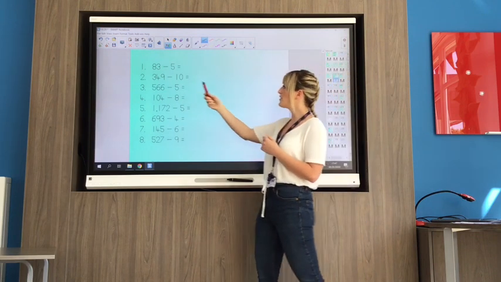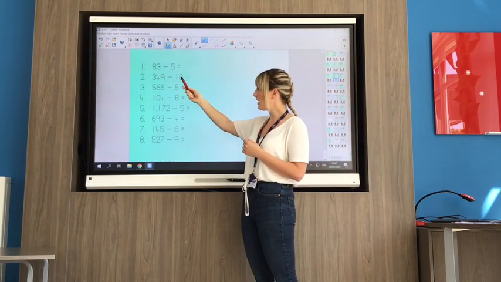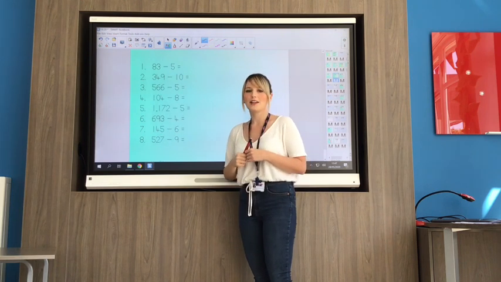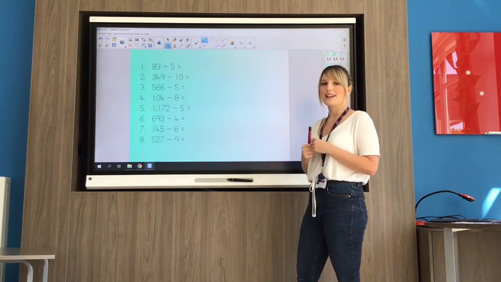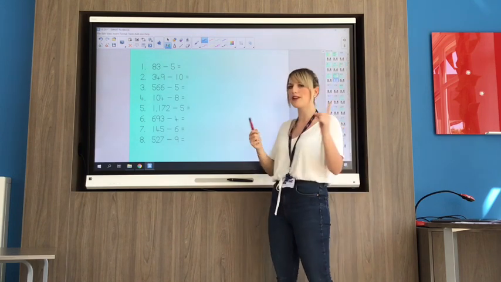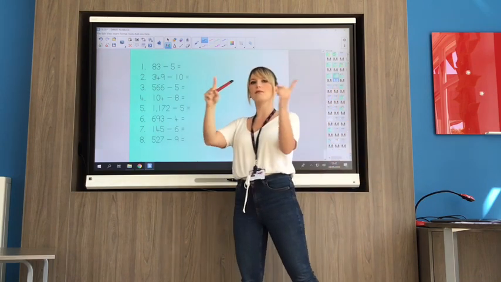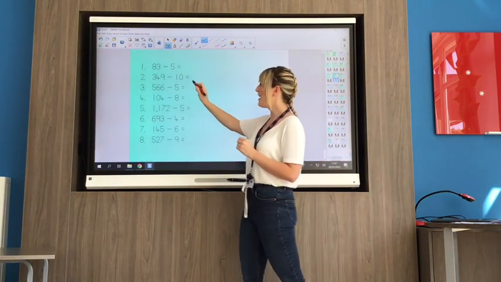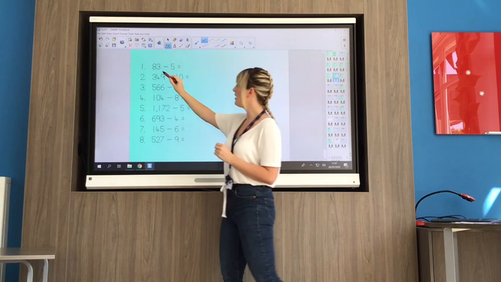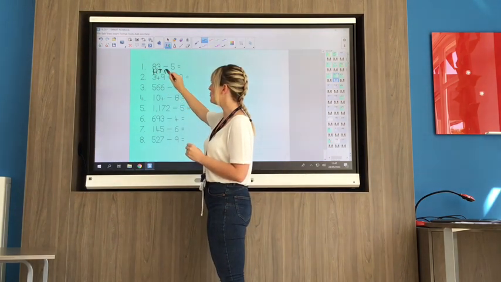So looking at number 2, I've got 349 and I'm subtracting 10. Now I know lots of you can count in tens from any number and can count back as well. Look at my place value, I've got hundreds, tens and ones.